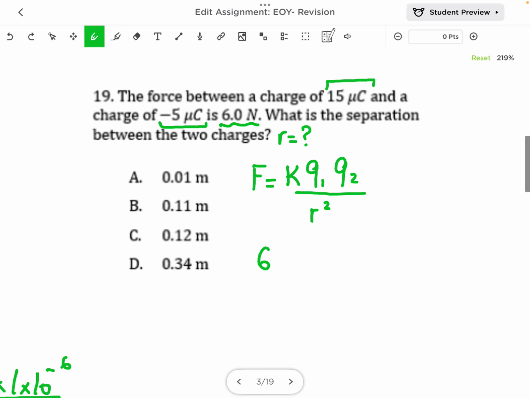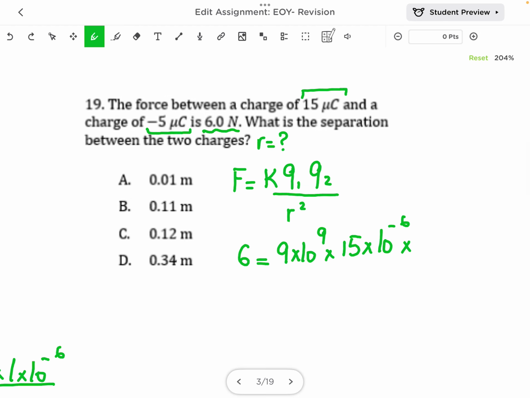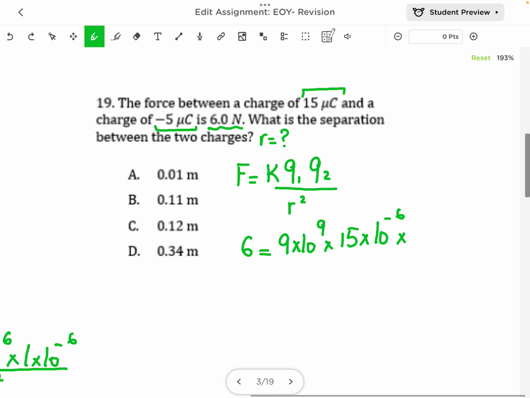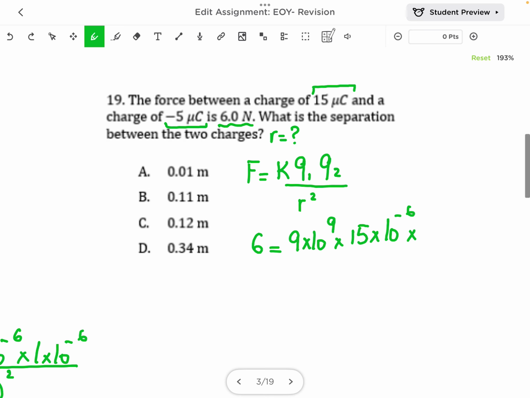So 6 equals 9 × 10 to the power of 9. Then the first charge is 15 × 10 to the power of negative 6, instead of the micro. And here negative 5, or 5. Actually, here we take the absolute value, girls. Okay, so no need to put negative and positive here. Absolute value, always, always, always the absolute value, positive.